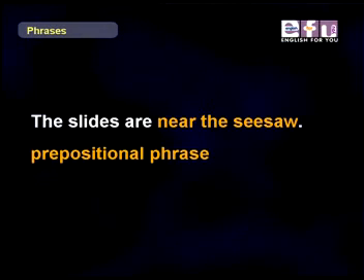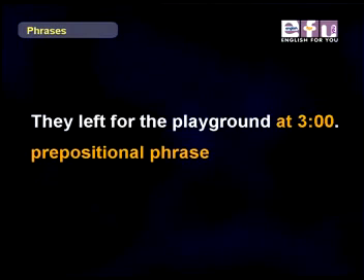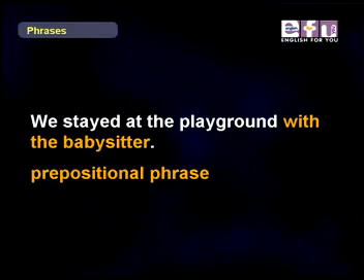Near the seesaw is a prepositional phrase. In the third sentence, they left for the playground at 3 o'clock. At 3 o'clock is the prepositional phrase. And in the fourth sentence, we stayed at the playground with the babysitter. With the babysitter is the prepositional phrase.